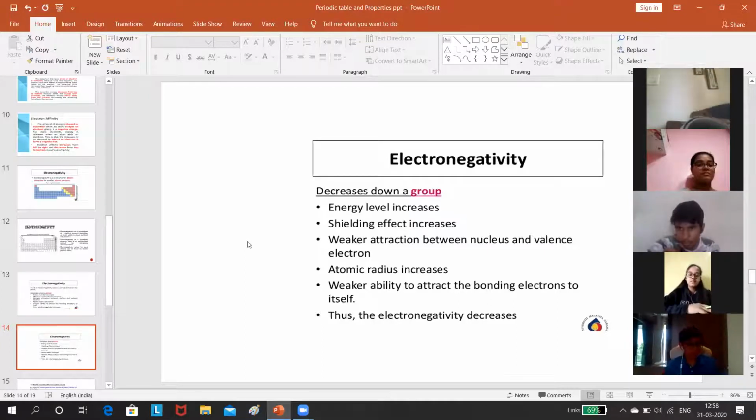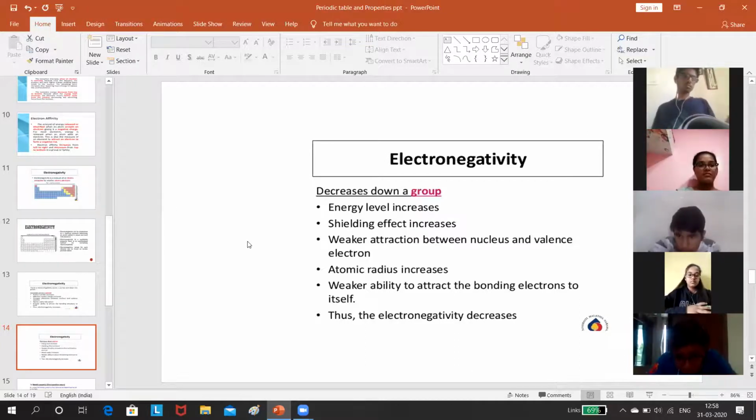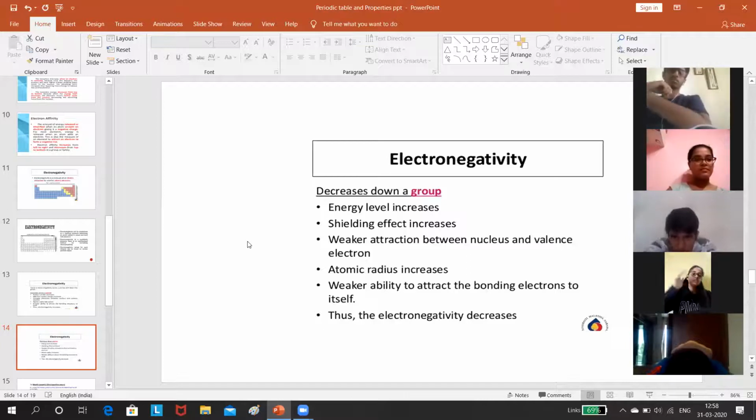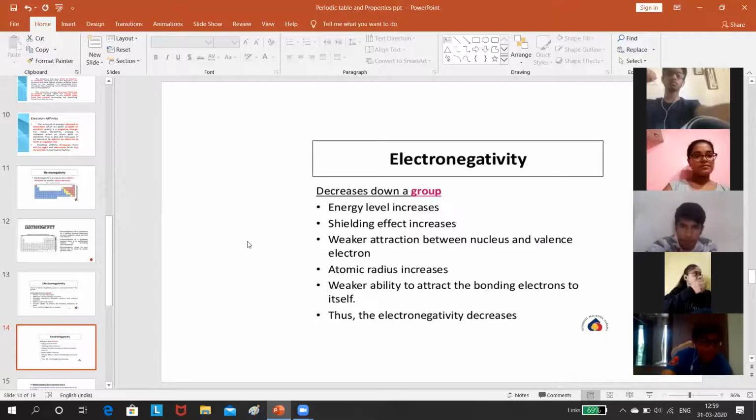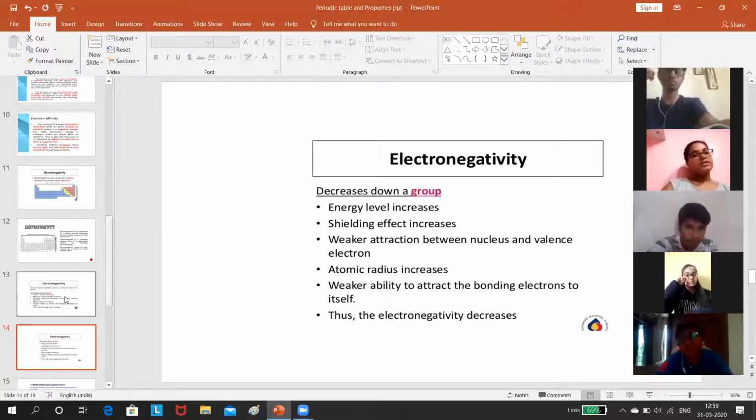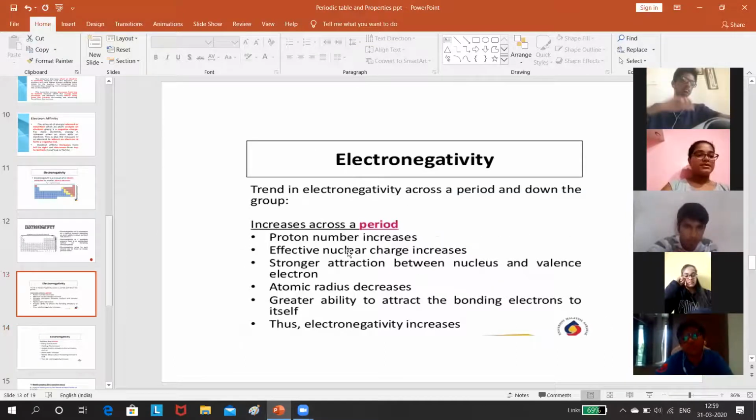That tendency of an atom to attract the shared electrons towards itself is called electronegativity. Did you all understand electronegativity? As I told you, across a period, number of protons will increase, nuclear charge will increase, so electronegativity also will increase.